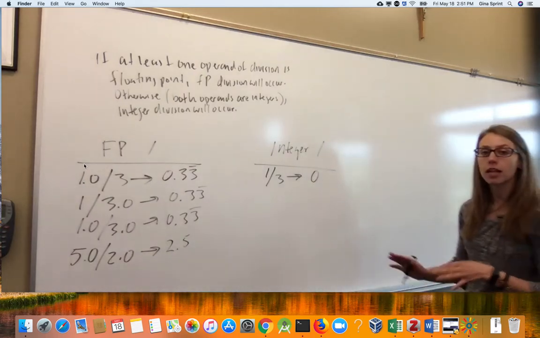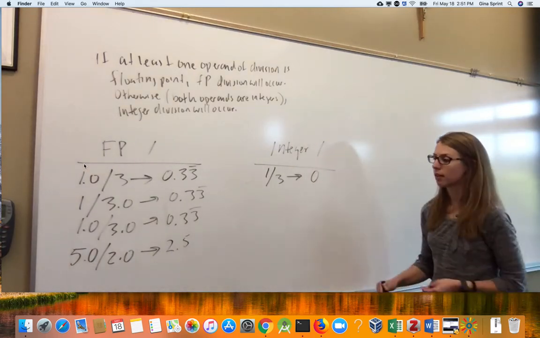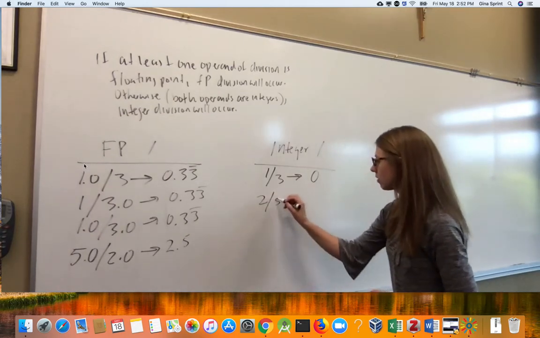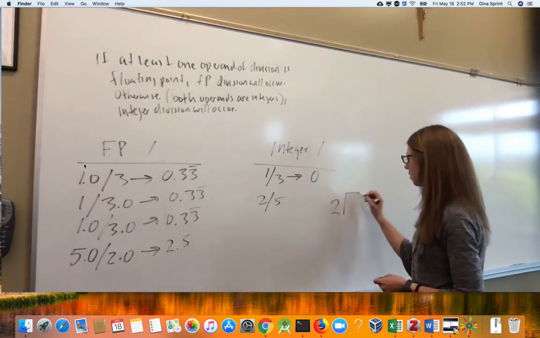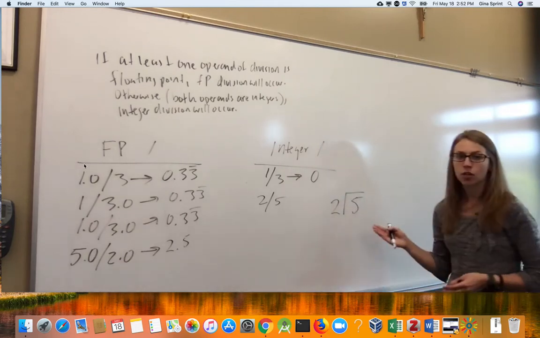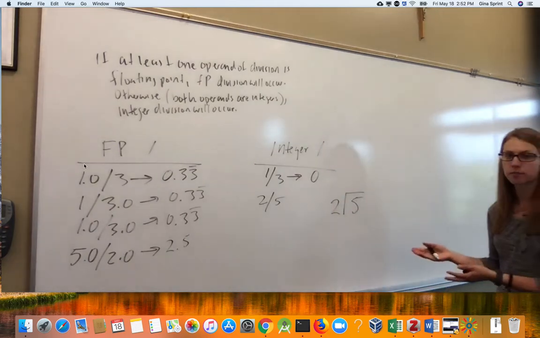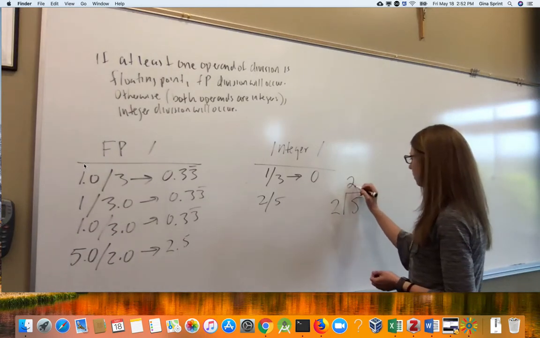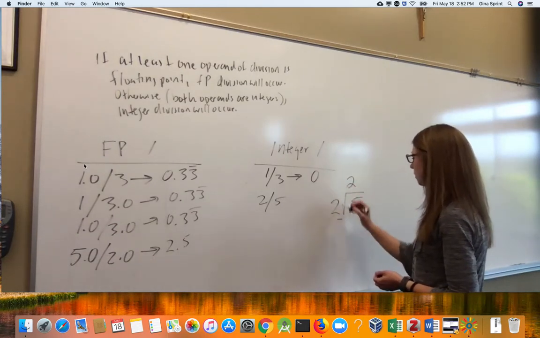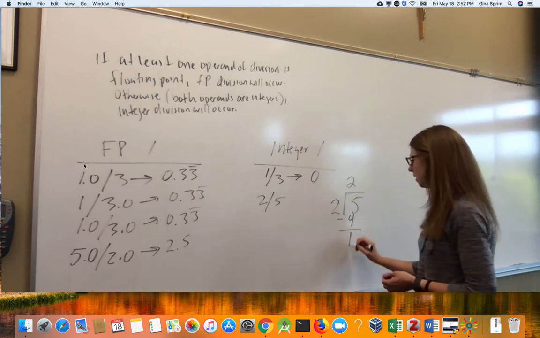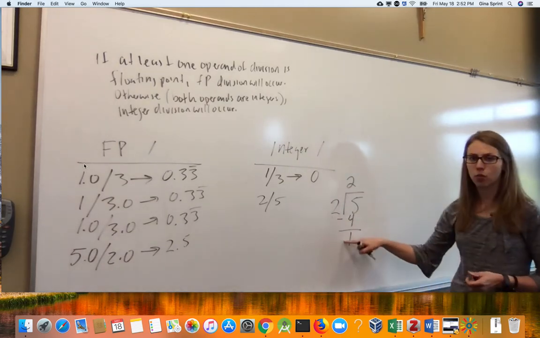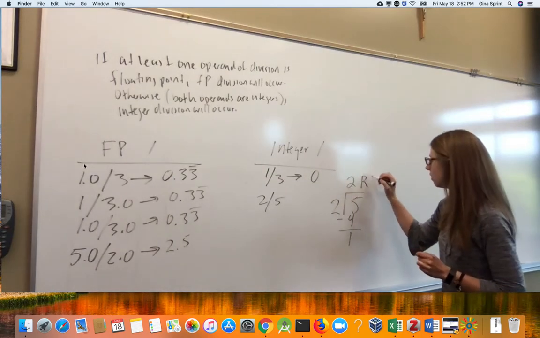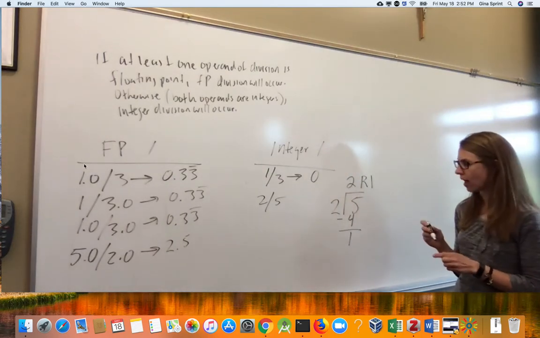Okay, let's draw that out step by step. So 2 goes into 5 evenly how many times? 2 times. Minus 2 times 2 is 4, leaves 1. 2 goes into 1 evenly 0 times, so we have 2, remainder 1.